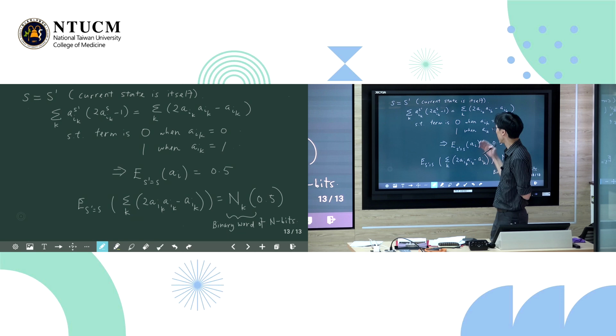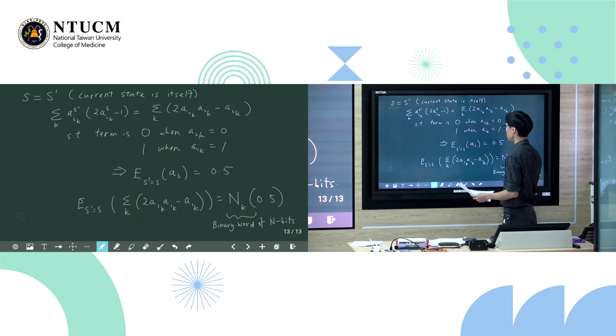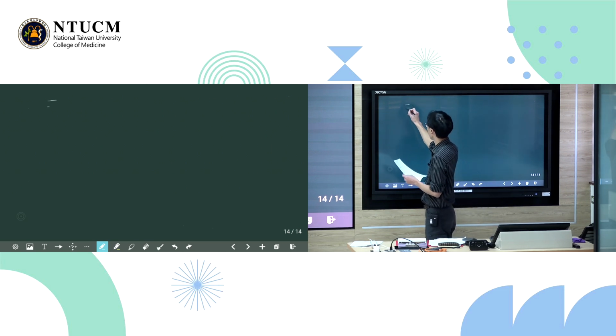The expected AI is 0.5, and that term 2AI squared minus AI, if you sum it over k, gives you n. And the expected value of it is 0.5, so 0.5 times n. So this implies, I'm going to have to go to the next page. Sorry about that. I know the working memory is a problem.